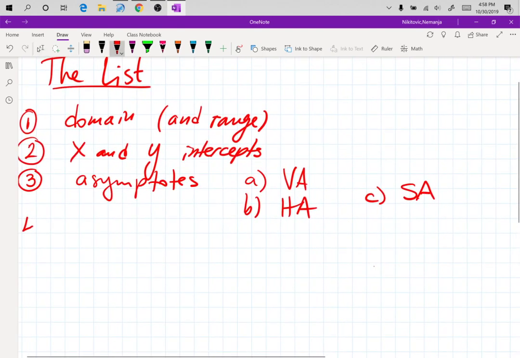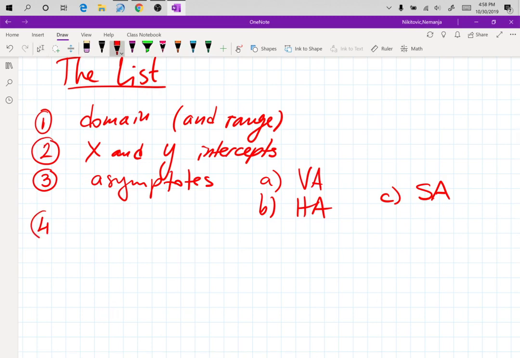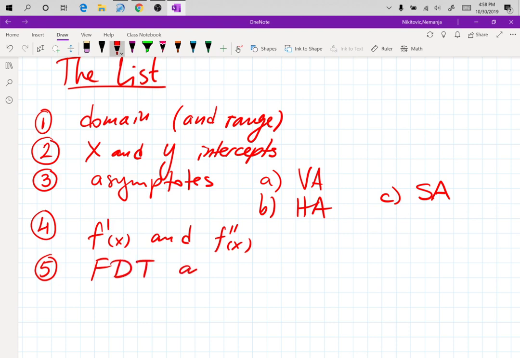Number four, we are going to get the first derivative and second derivative. So we'll need those so that we can get first derivative test. And well, let's do just first derivative test.